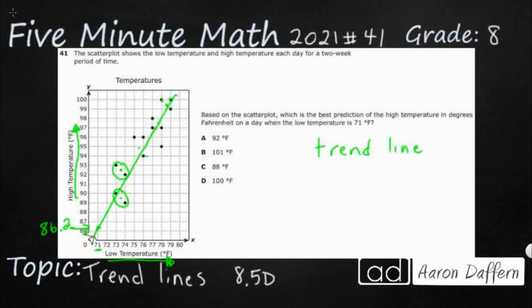All right, so let's look at our options here, because I don't see 86.2 as one of my answer choices. All right, so 92 degrees. Wow, take a look at that. I don't think so. 92 degrees totally ignores the fact that you've got these two right here with even higher low temperature.